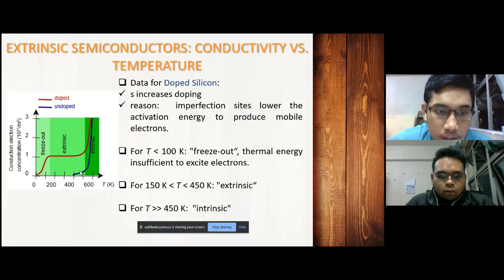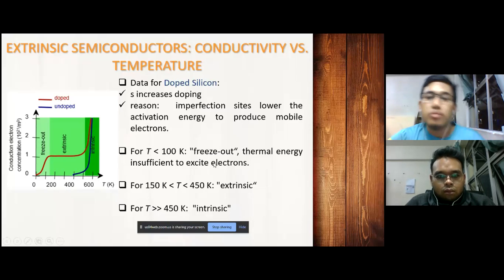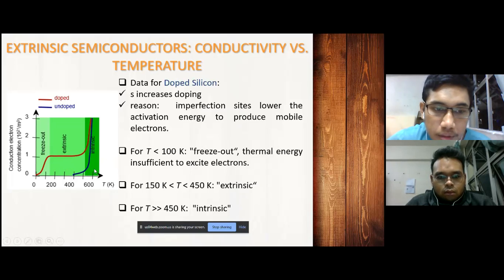For T less than 100 Kelvin, it is called the freeze-out state, where thermal energy is insufficient to excite the electrons. For temperatures from 150 to 550, it's called the extrinsic state. And for temperatures more than 450 Kelvin, it's called the intrinsic state.